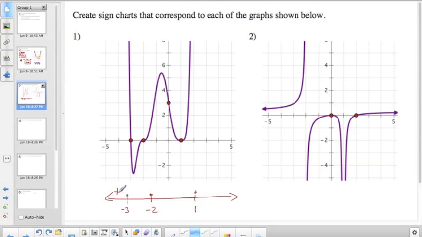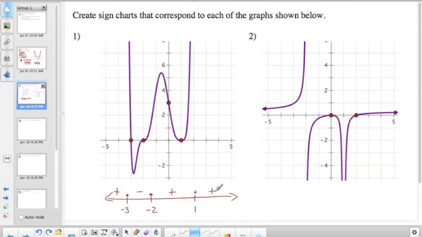Between negative 3 and negative 2, we can see it's negative. Between negative 2 and 1, the graph is positive. And to the right of 1, it's also positive. So if I were to ask, when is this function greater than or equal to 0, your solution would be from negative infinity to negative 3 included, and then from negative 2 included to positive infinity.